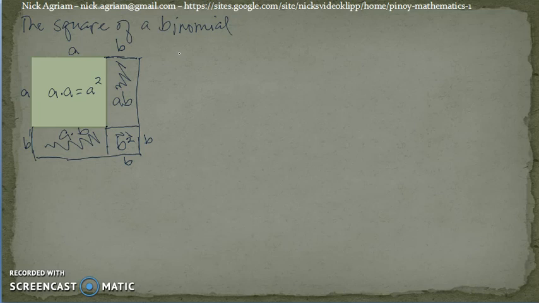Let's see. So if I have A plus B squared, square of a binomial, it is the same as A plus B multiplied by A plus B, both in parentheses. Maybe before I go further, remember this. A multiplied by A is A squared.